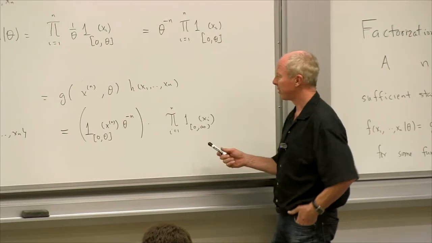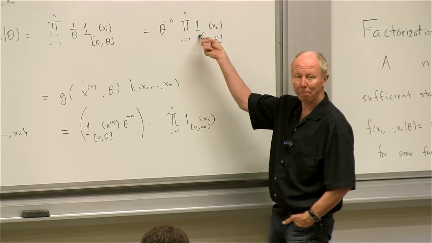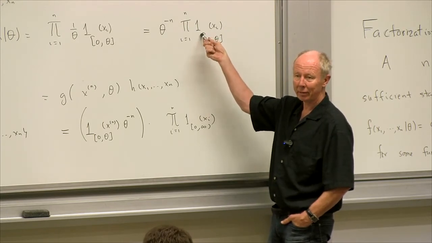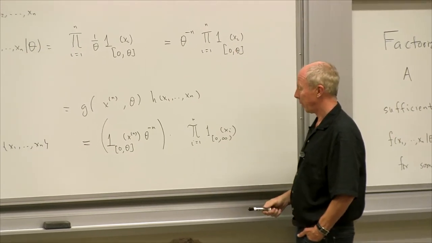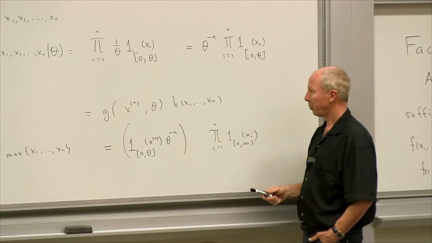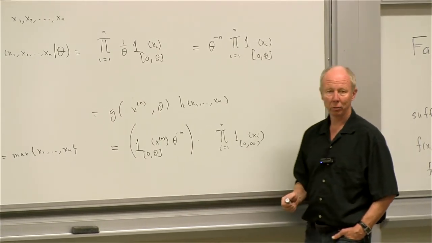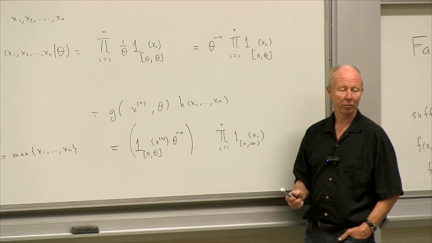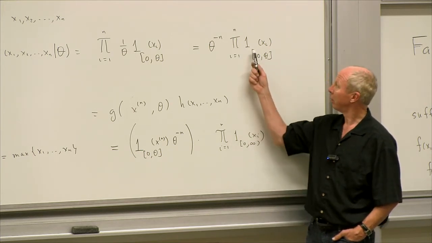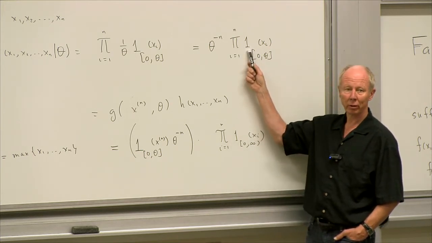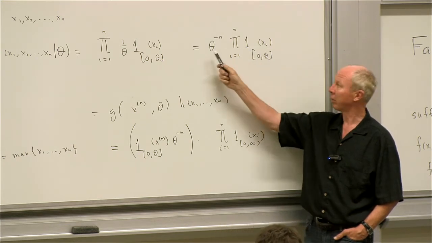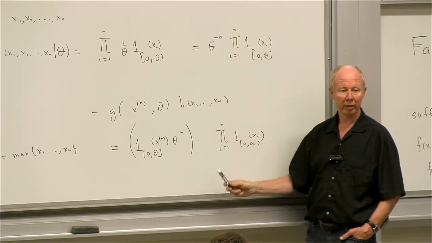I wrote something here. Let's see if this agrees with that. What if all the x's are between 0 and theta? What do we get? If all the x's are between 0 and theta, this would be 1 for every one of the x's. So this product would be 1, and we get theta to the minus n. Would we get that here?